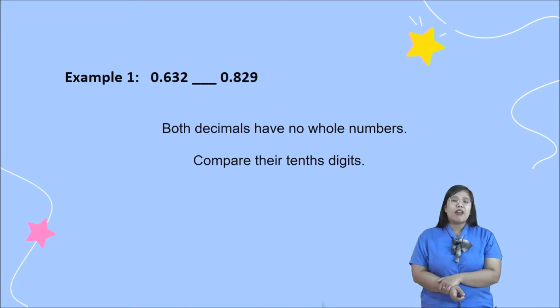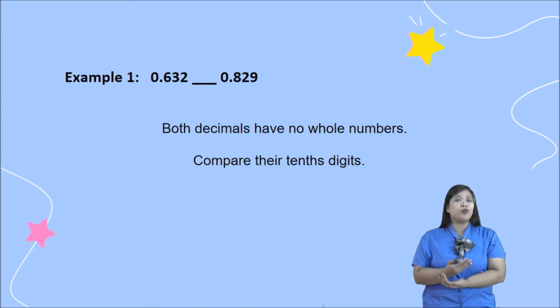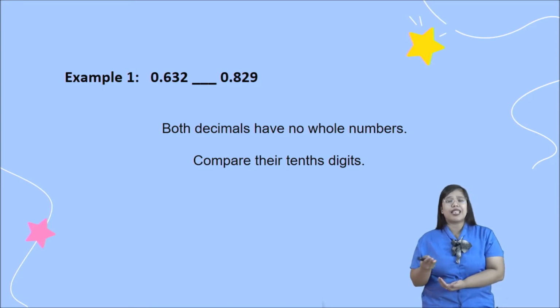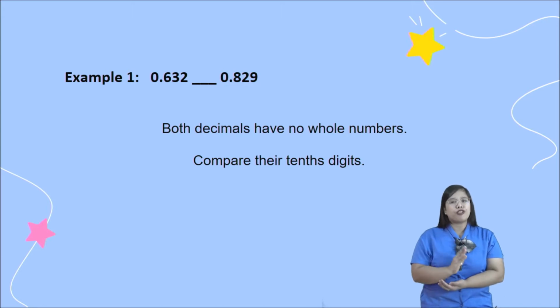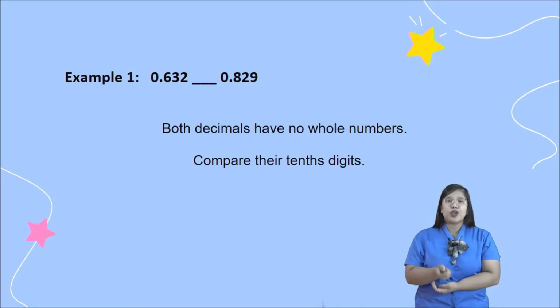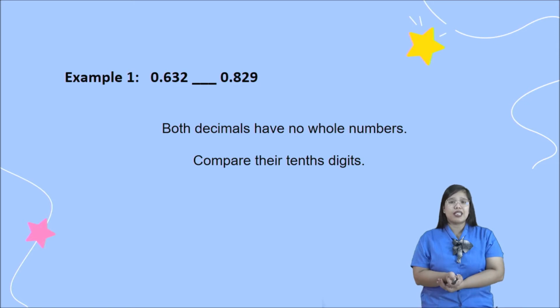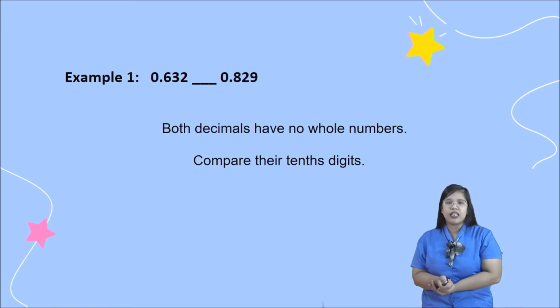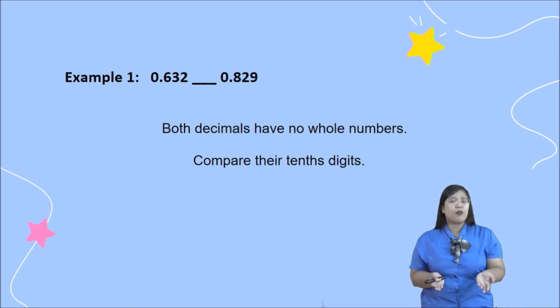Because we don't have whole numbers, we need to compare the tenths. The tenths place is the number after the decimal point. So we have 6 and 8. Compare them, which is bigger and which is smaller.